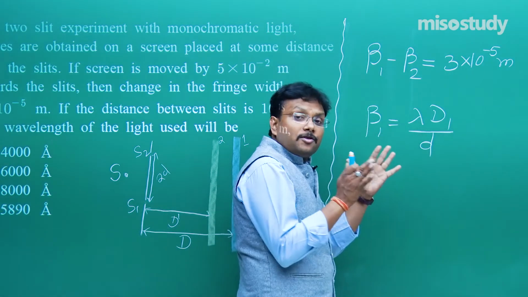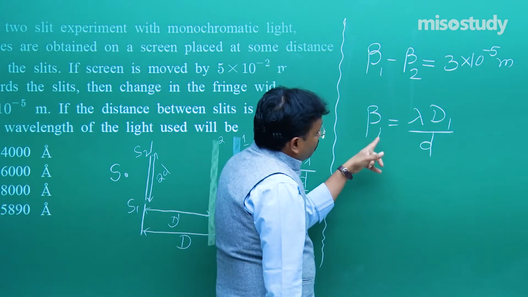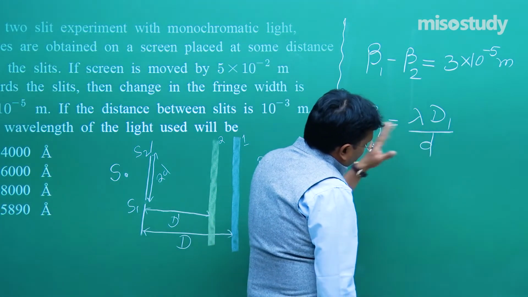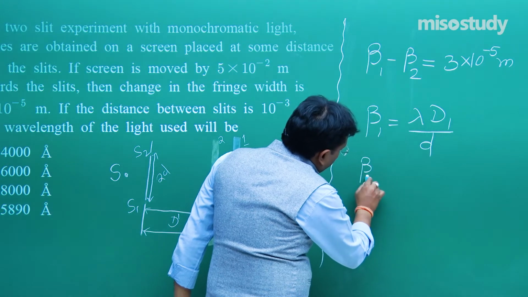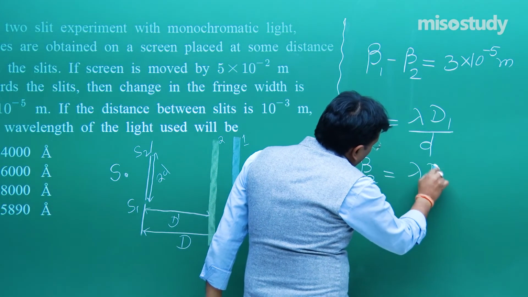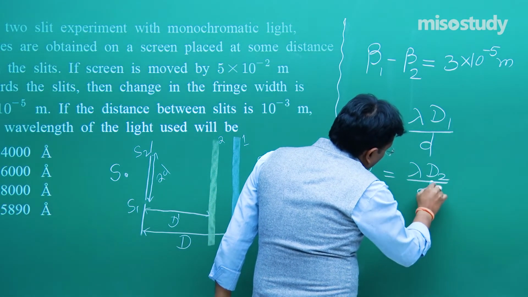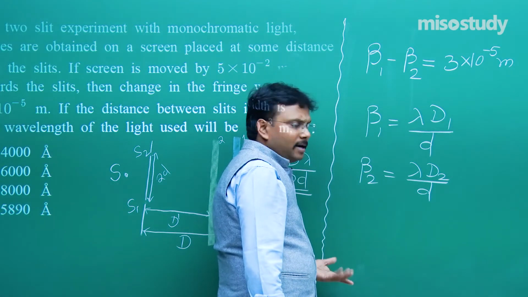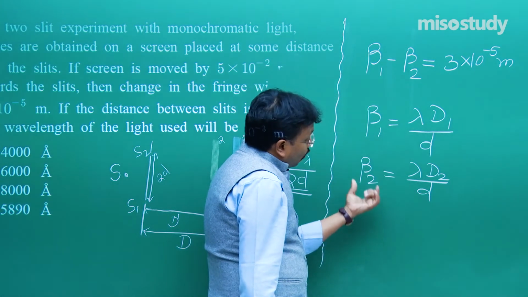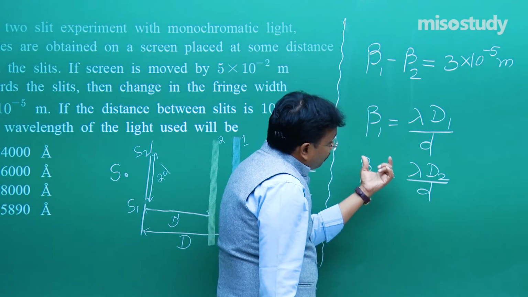That is simply the spacing between the two slits. So beta 1 is equal to lambda D1 upon d, and beta 2 is equal to lambda D2 upon d. Simple results.